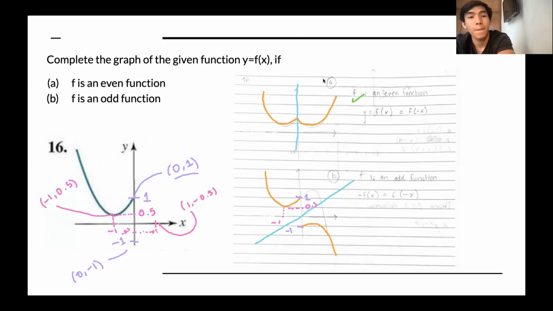Let me just draw this a little bit more marked so it can be in the notes. Give me a moment.